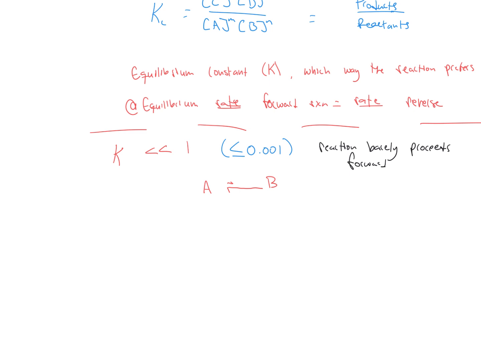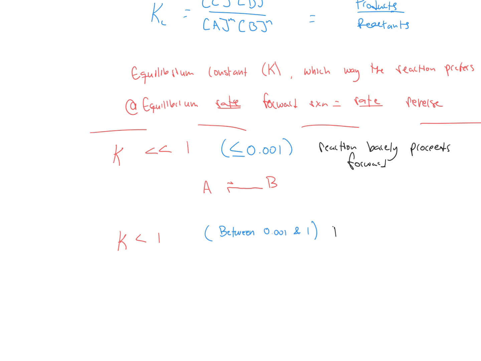Now let's take the case of K is just less than 1, but not extremely small. In that case, it would be between 0.001 and 1. Right? It's smaller than 1, but it's not necessarily extremely small.